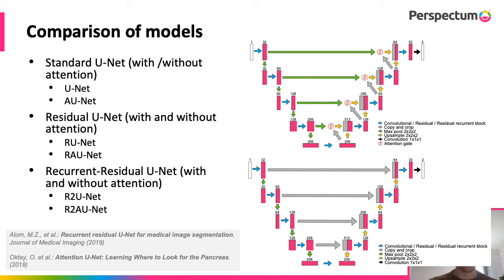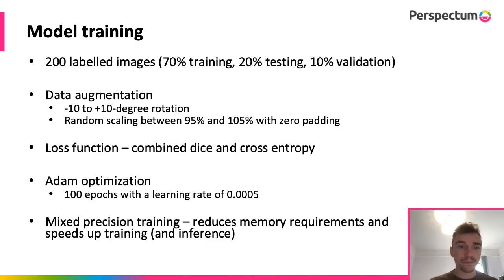We also combined the residual unit and the residual recurrent unit with attention gates to see if we can utilize each of the potential benefits from each network. And you'll be able to find more details about the networks in the full paper.